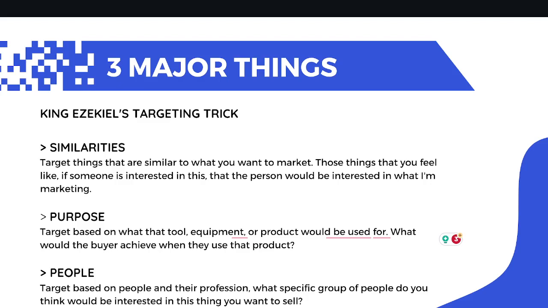While for purpose, you target based on what that particular tool, equipment, or product will be used for. While for people, you target based on people and their professions.